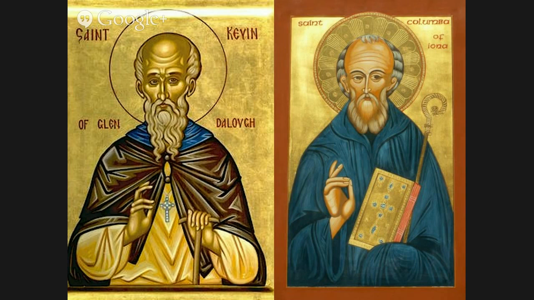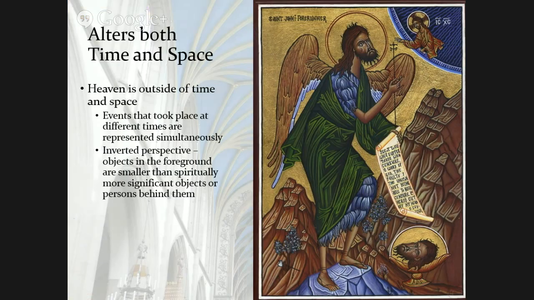So there's this overarching sense of silence that comes out of icons. You never see the people portrayed as speaking to one another in an icon. They're never speaking. So there's a kind of silence within them that's meant to lead us into silent prayer. So icons also change time and space because they're showing heaven.